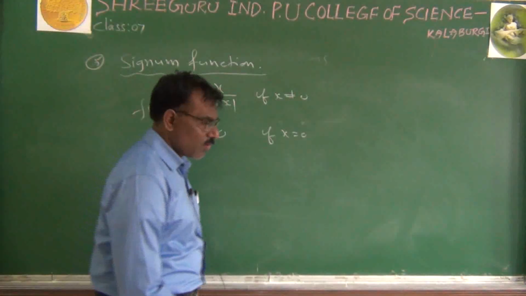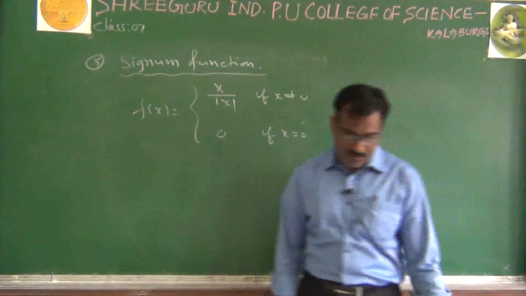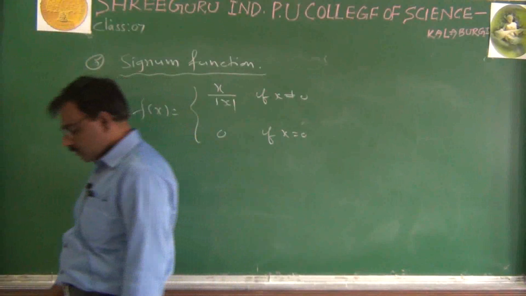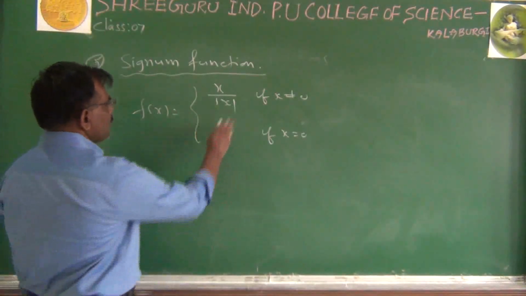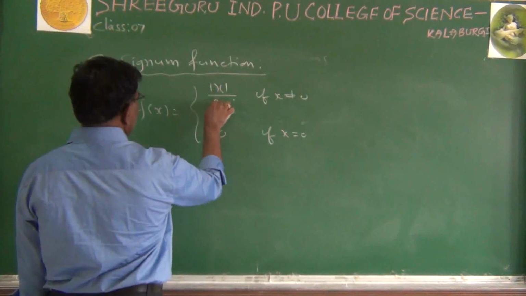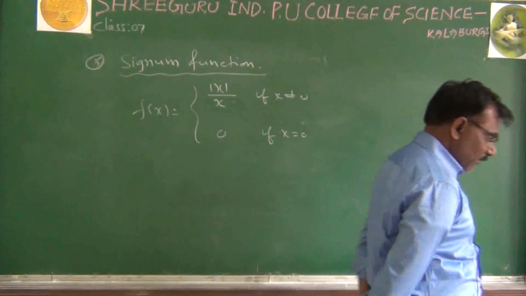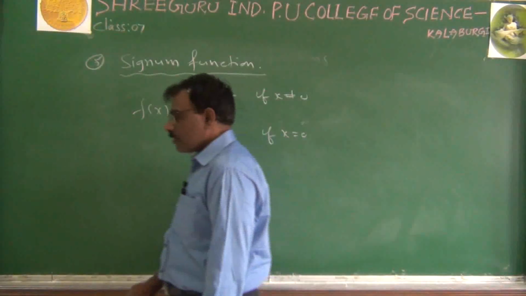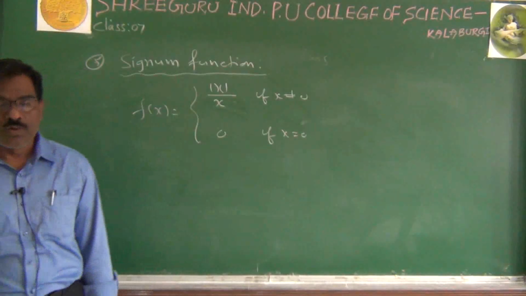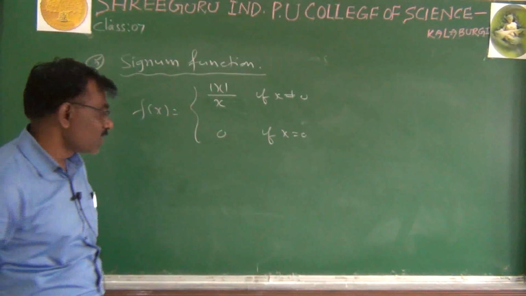So this is called signum function. x not equal to 0, x by modulus of x, or even this is modulus of x by x. f of x is equal to modulus of x by x, x not equal to 0, 0 if x equal to 0. This is called signum function.